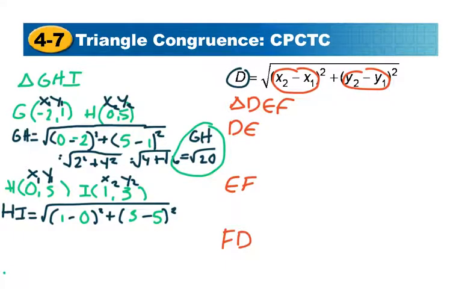So when we simplify, we end up with the square root of 1 minus 0, which is 1 squared, plus 3 minus 5, which is negative 2 squared. And 1 squared is 1, and negative 2 squared is 4. So we have the square root of 5 as HI.